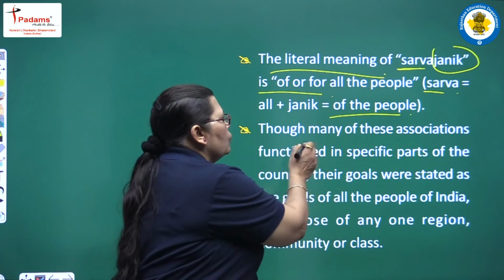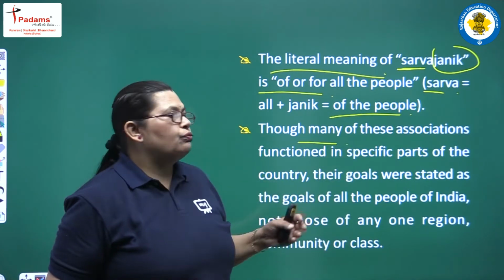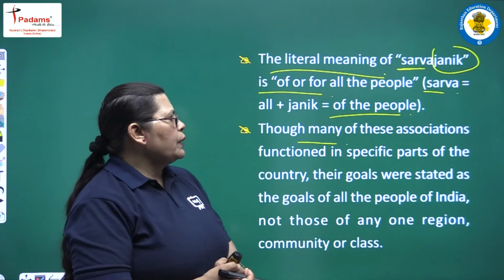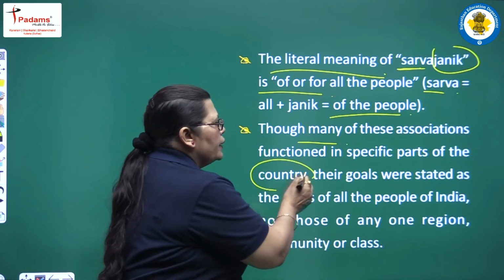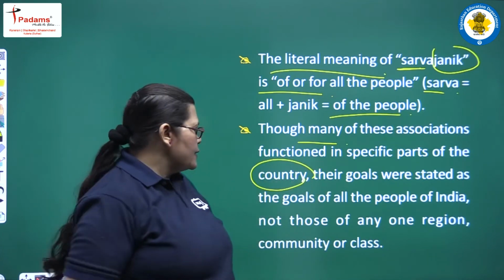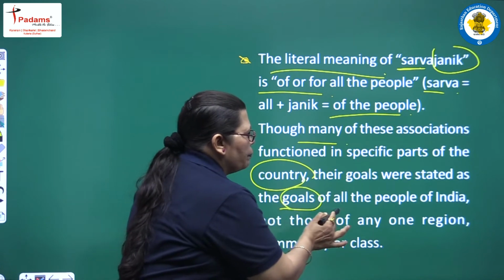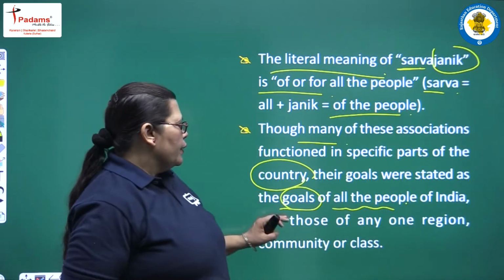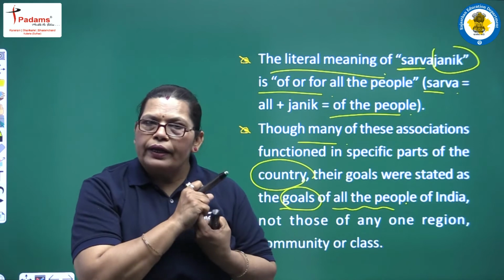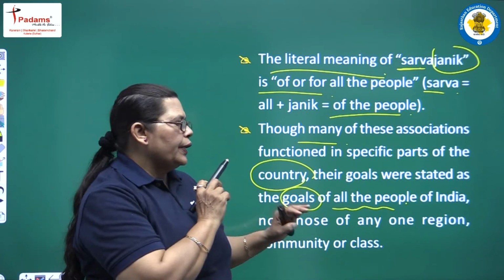So here, though many of these associations functioned in specific parts of the country, their goals were stated as the goals of all the people of India, not those of any one region, community or class.